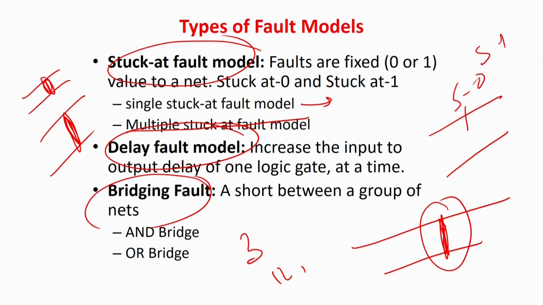Single fault model means first I will see whether this is there or not. If I verify this is not there, then I will go for the next, then maybe I will take the other combinations, like maybe after that I will take this combination and so forth. I will drop this and this combination because they are quite far and the short probability will be very less. So this is how it goes.